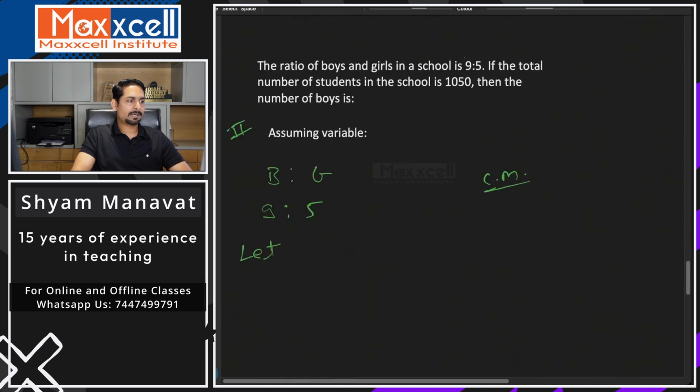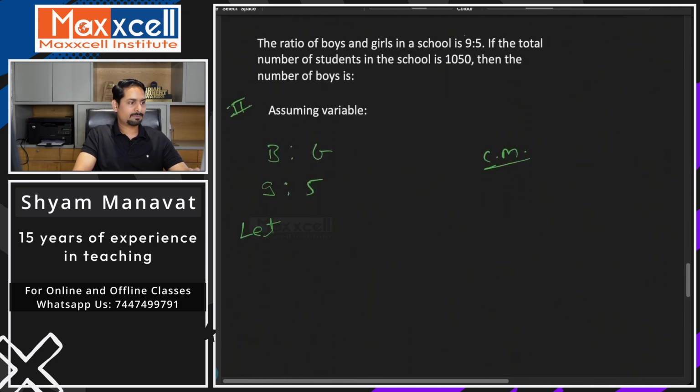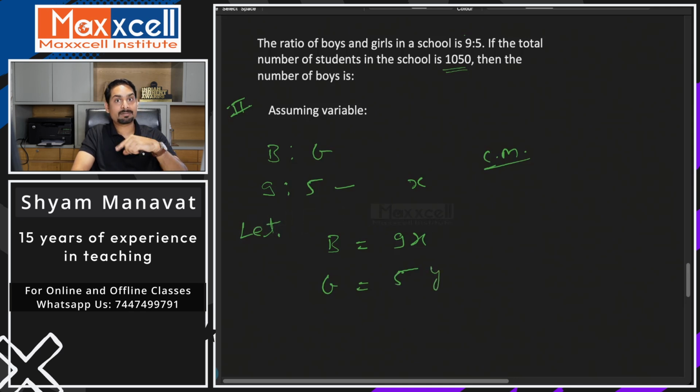Now, giving that reference of the same example, here I don't know the common multiple to get the actual value. So let me assume the common multiple is x. Here I can assume the number of boys as 9x, and the number of girls I will assume 5x, not 5y, not a different value.